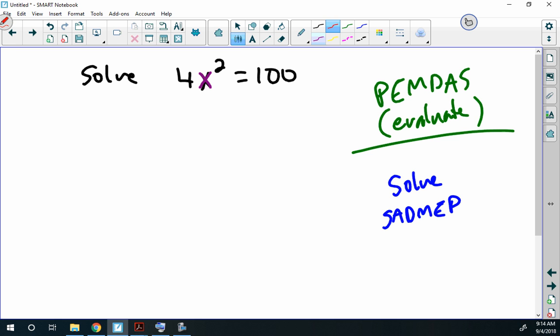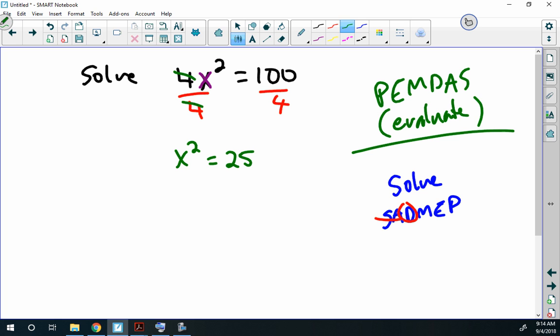So what's the first thing we need to do to get that x by itself? We want to add or subtract. There's no adding or subtracting, so then we're going to divide. We divide by what? 4. So 4 divided by 4, those cancel, and that makes an x squared on the left. And everybody knows that 100 divided by 4 is 25, I hope.